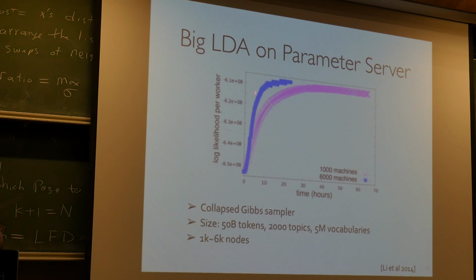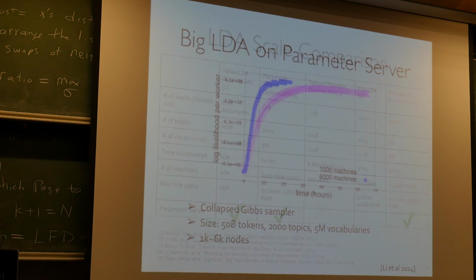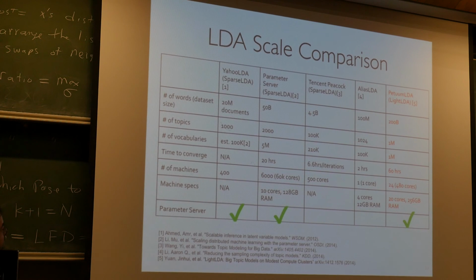This is using 6,000 machines in a parameter server versus 1,000 machines. So on a big data set, we can actually get an improvement in how quickly we can learn an accurate model.